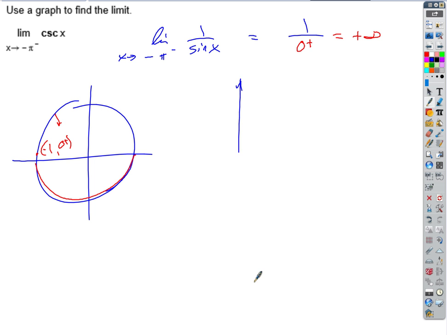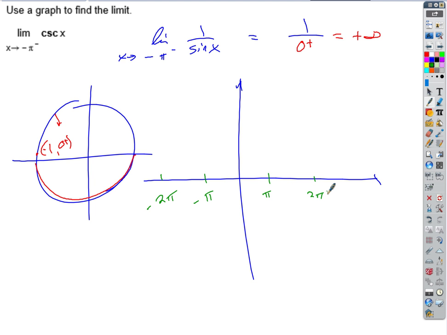Okay, how could you do that on the graph? If we were to graph, so let's see, there's pi, negative pi, negative 2 pi, 0. We've got to kind of think back to pre-calculus. What does a cosecant graph look like? So cosecant is 1 over sine.